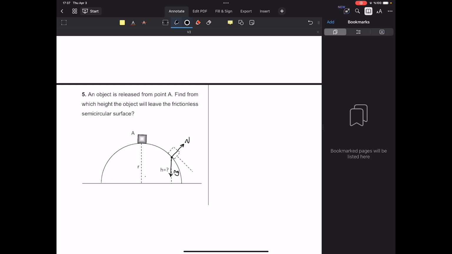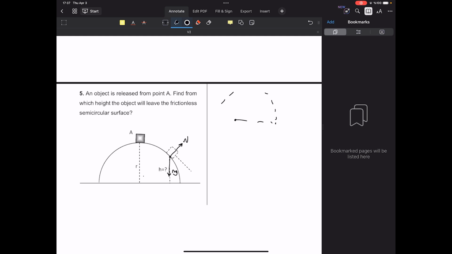It could be the tension, for example, on a string, and you could be asked when an object flies off a string. That happens when the tension on the string is equal to 0, because at that point the object isn't on the string, so the tension must be 0. Here, if the object leaves the semicircular surface, then the object isn't touching the surface, and hence the normal force must equal 0.